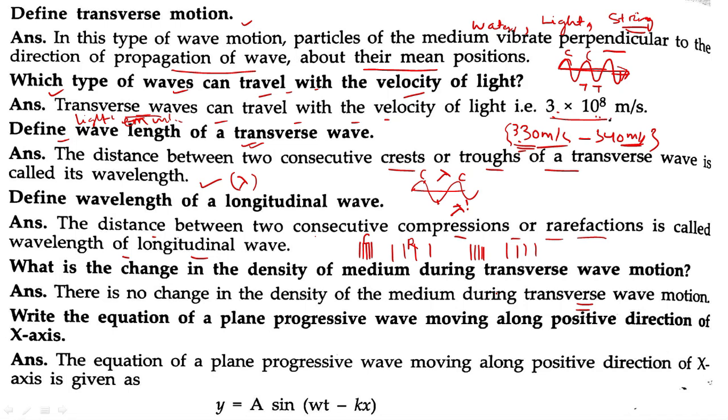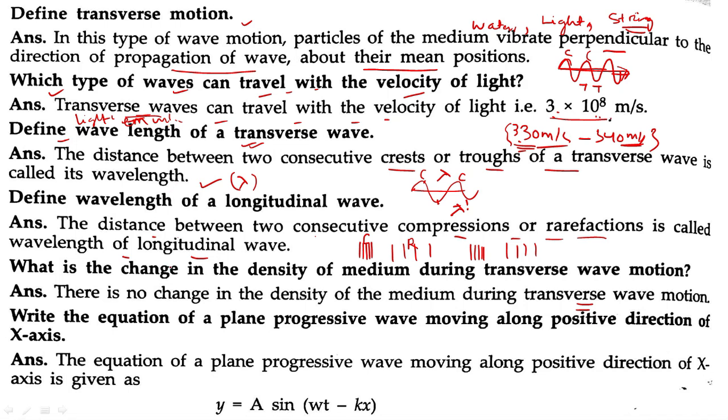Is there any change in the medium? No. Density of the medium never changes. Density of the medium always remains constant. Density of water is 1000 kg per meter cube. Density of air is 1 kg per meter cube. So during transverse wave motion, there is no change in density of the medium.